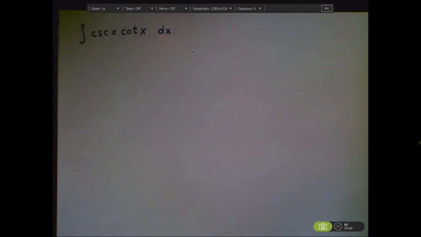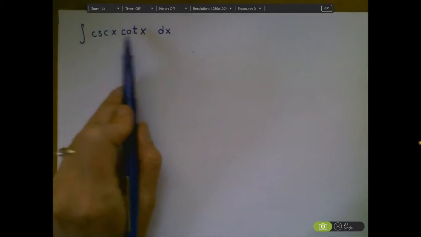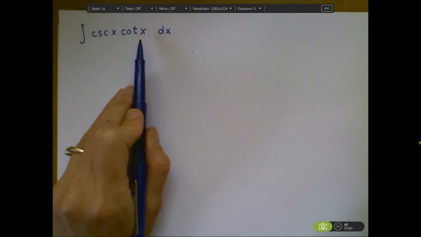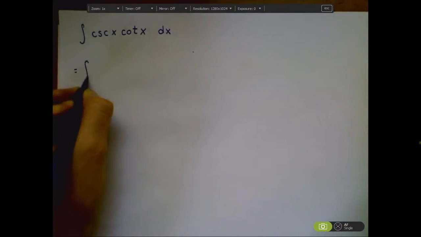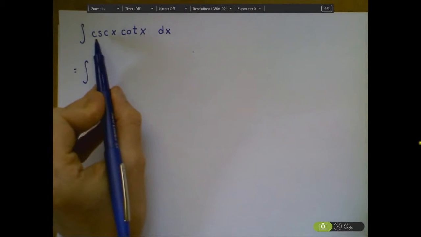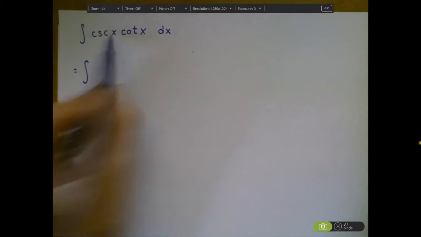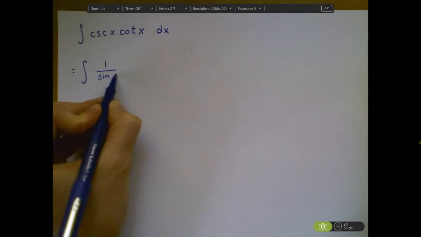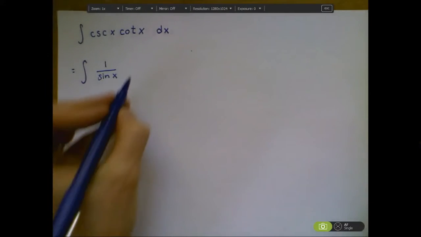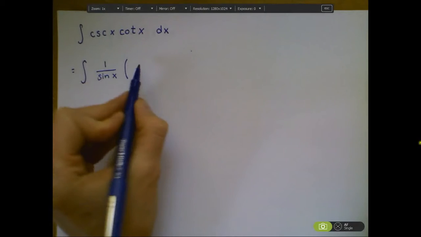My first thought is that I like dealing with sines and cosines better than cosecants and cotangents. So I'm just going to convert this into what this is in terms of our basic trig identities. So cosecant x is the same thing as 1 over sine x. And cotangent x is the reciprocal of tangent.